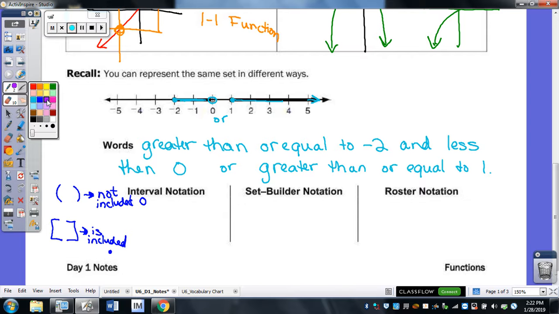So with our interval notation, to describe this first shaded part here, we would do bracket -2, comma 0 with a parenthesis. So that means our shading starts at -2, has a closed circle because of that bracket, ends at 0, but it's an open circle, so it's parenthesis.